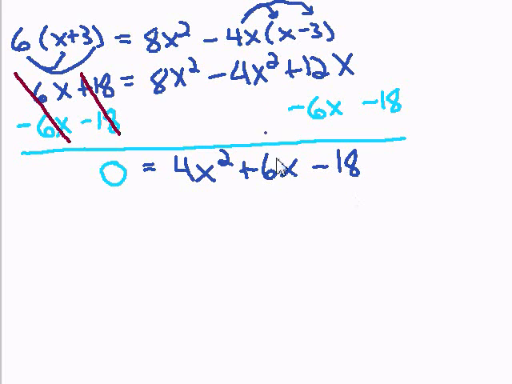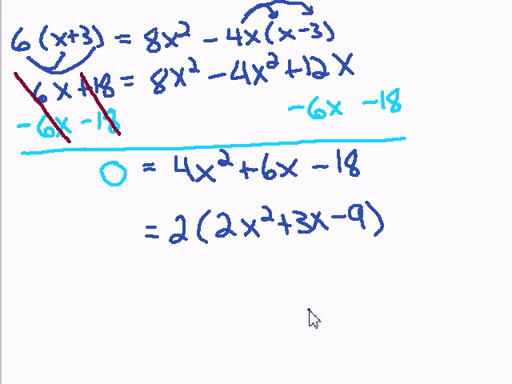Now I'm going to solve by factoring since I have 3 terms. And I notice right away that all of my terms have a common factor of 2. So I'm going to factor the 2 out, leaving me with 2x squared plus 3x minus 9. You notice inside of my parentheses I have a trinomial with a leading coefficient of 2. So I'm going to swing and divide, or use the train story to factor that out.